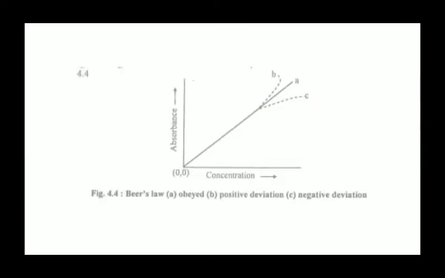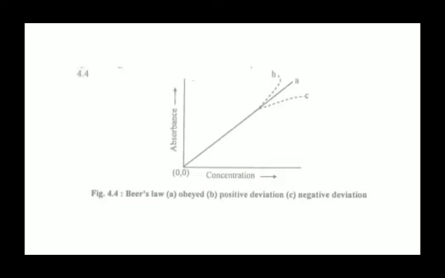However, sometimes the plot of absorbance versus concentration does not give a straight line and there is a deviation from the linear relationship, and apparent failure of Beer's law may ensue. When the actual absorbance is greater than expected, the system shows a resultant curve which is concave in the upward direction.